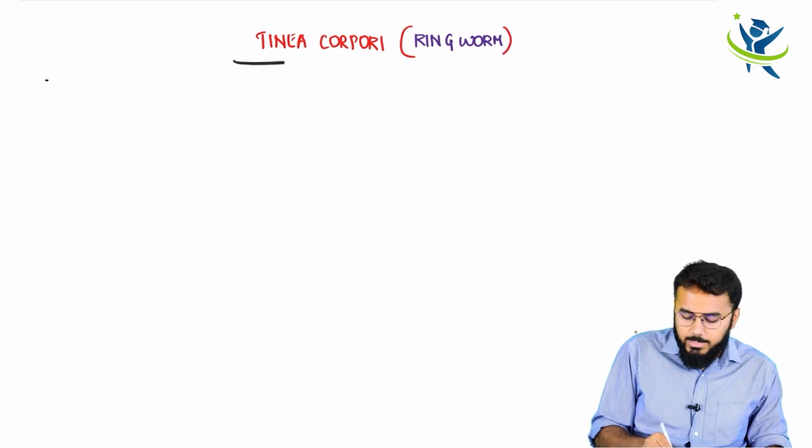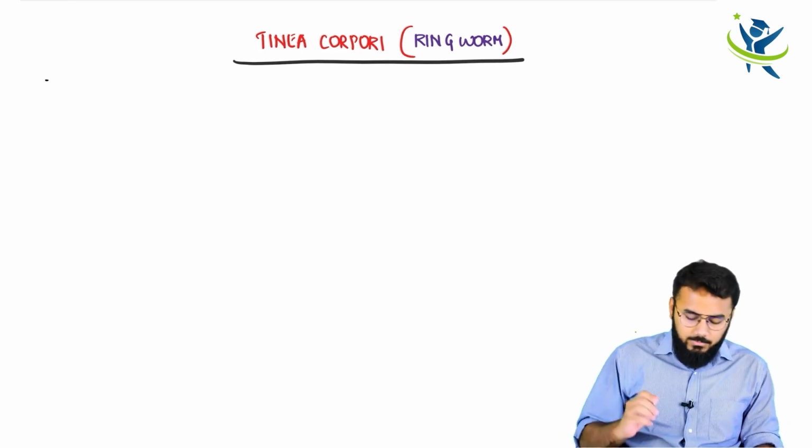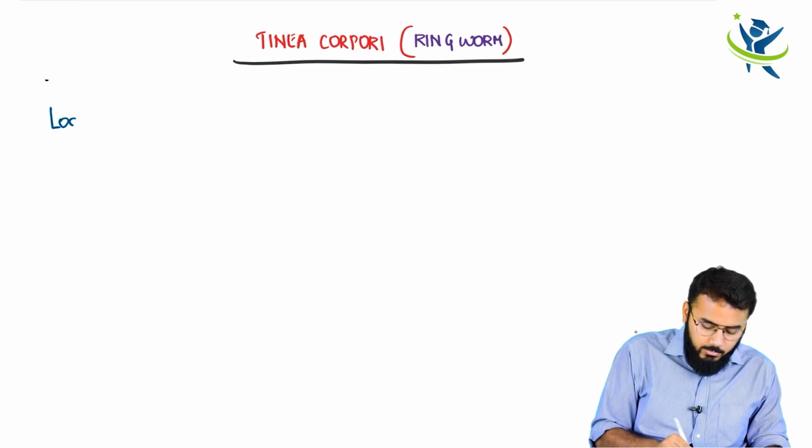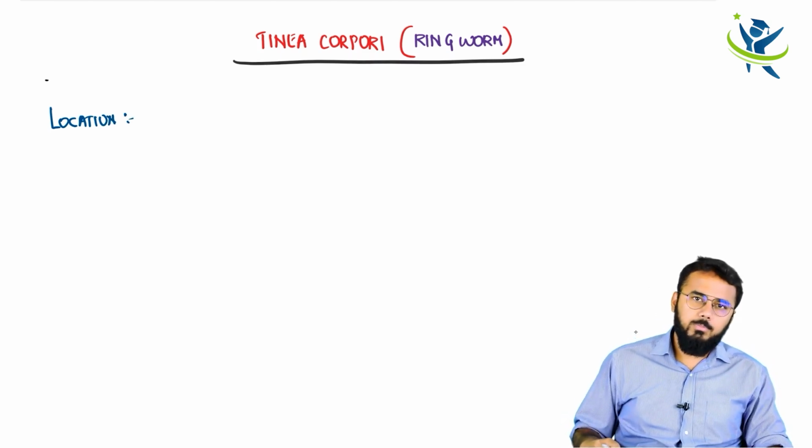So what are the important things you need to know while discussing Tinea Corporis? First of all, the location is very important. Tinea corporis most commonly affects which part of your body, that is very important.